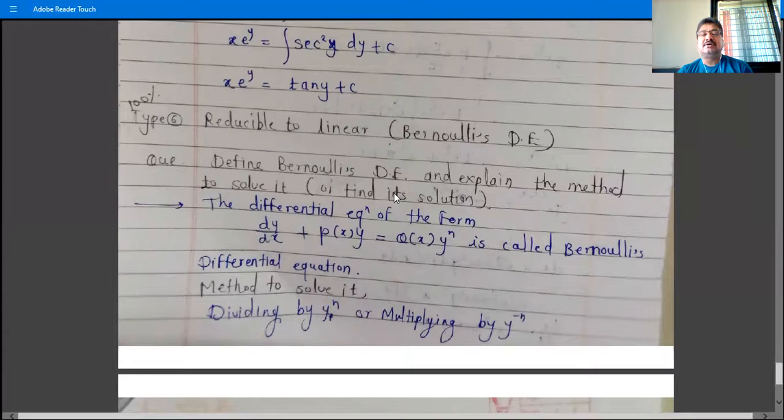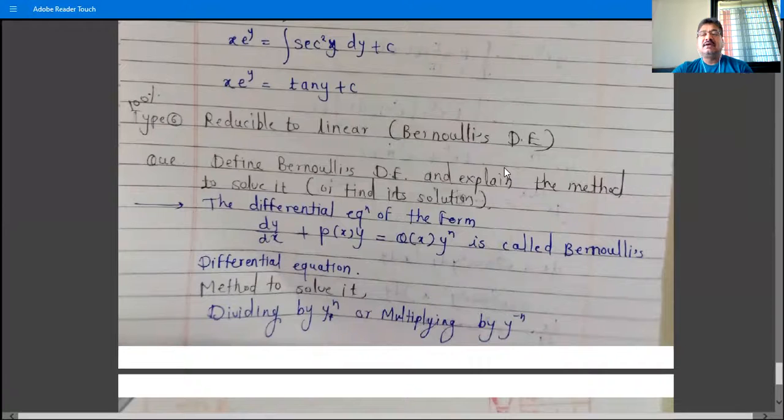The second type is reducible to variable separable. The third type is homogeneous differential equation. Fourth type is reducible to homogeneous differential equation. Fifth type is exact differential equation. Then sixth type is reducible to exact differential equation. Then seventh type is linear differential equation, and this is the 8th type now, reducible to linear differential equation.